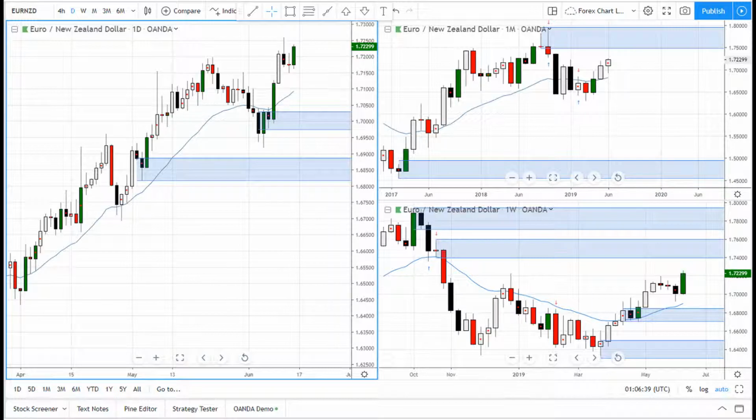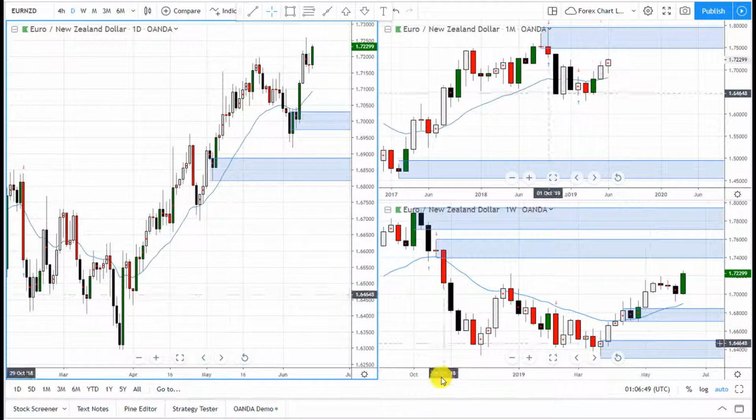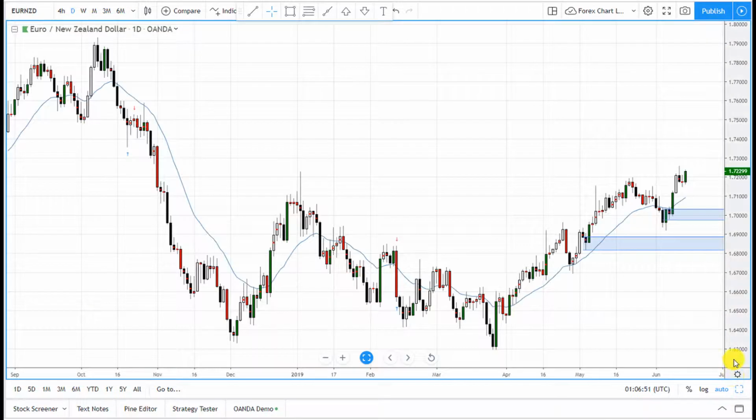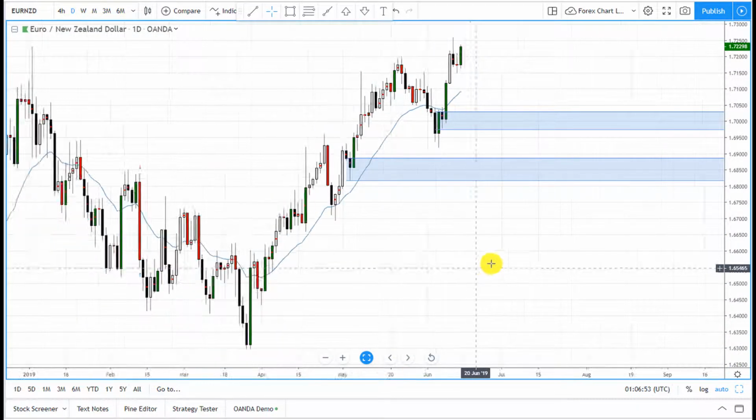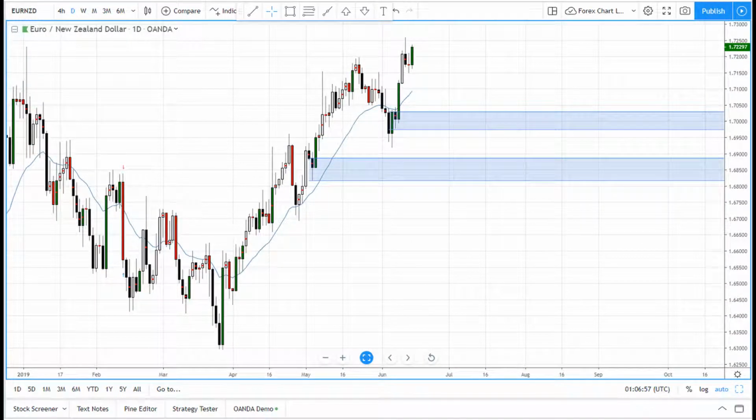For example, let me zoom this out more so we can see. If price goes down, then goes down, and then touches it, and then it can go up.